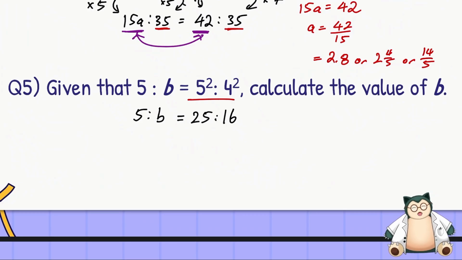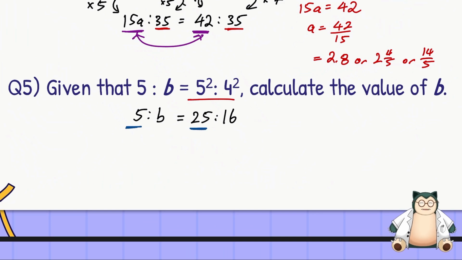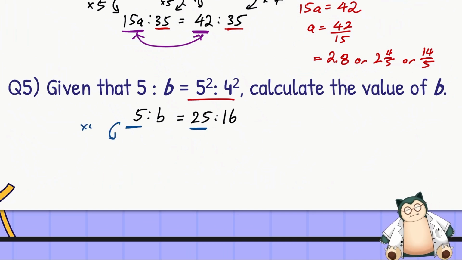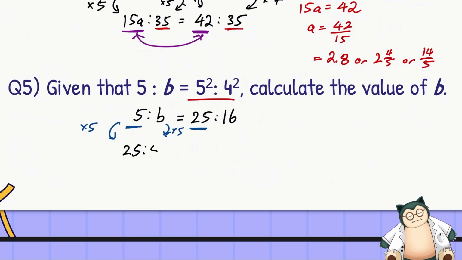Then we have 5 on the left part, 25 on the left part. How do we convert 5 into 25? We simply multiply by 5. And that will give us 25 is to 5b equals 25 is to 16.